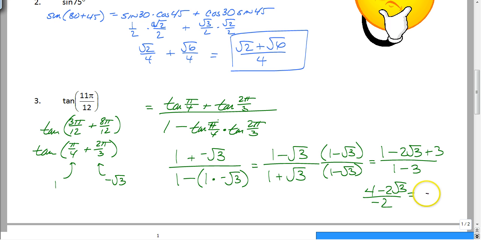So that's going to finally simplify to negative 2 plus the square root of 3. So with the tangents, a lot of time you have a lot of simplifying to do, but hey, we can do it. So we will. All right, so that is a couple of examples of using sum and differences. So let's move on.